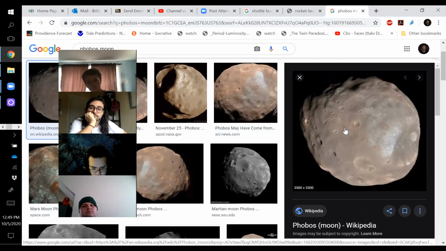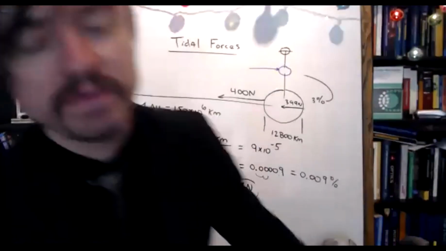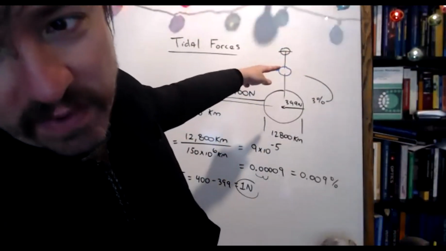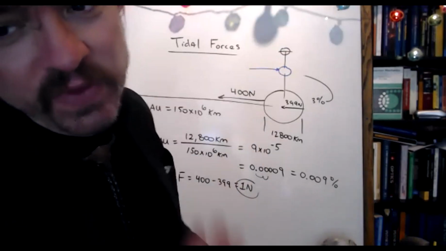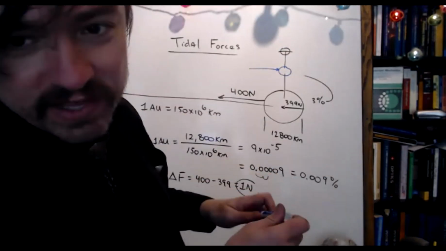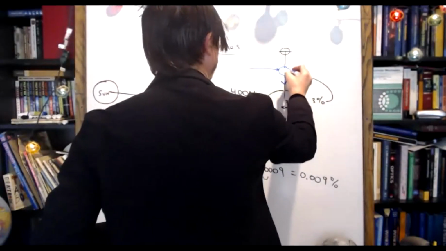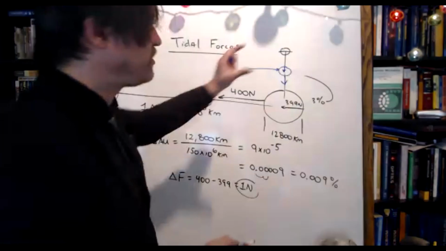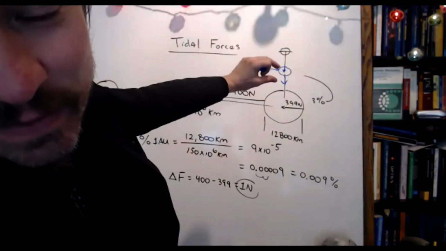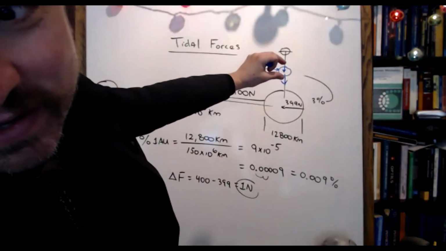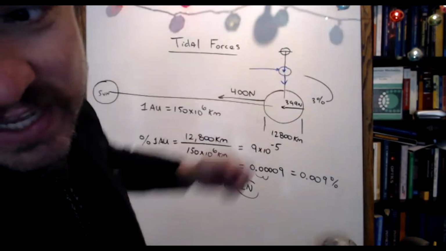There's another moon called Deimos, which is orbiting Mars. And Deimos has actually drifted towards Mars and has gotten so close that the magnitude of tidal forces on Deimos, the difference between the front and the back pull, have actually started to grow to the same size as the self-cohesive gravitational forces that bind the moon together.